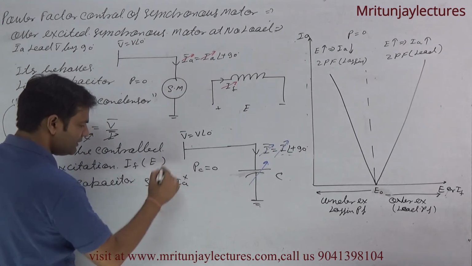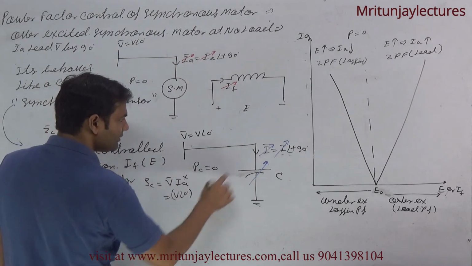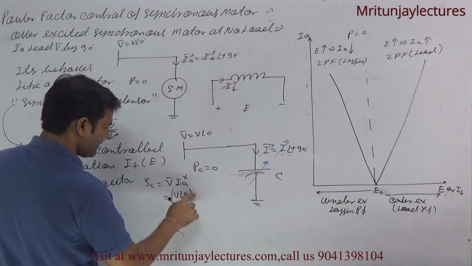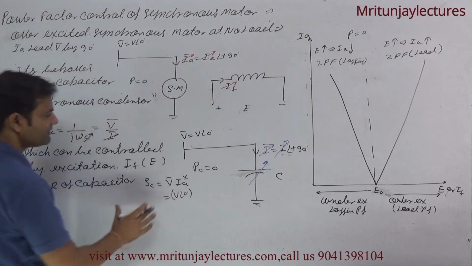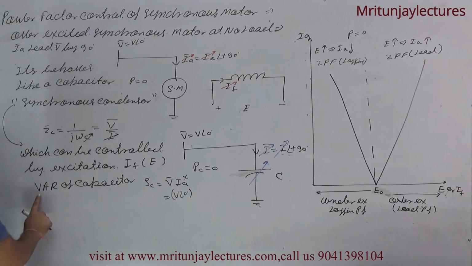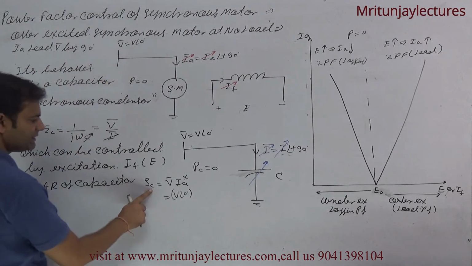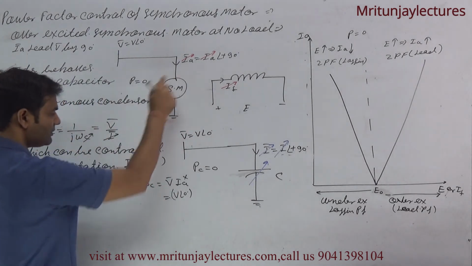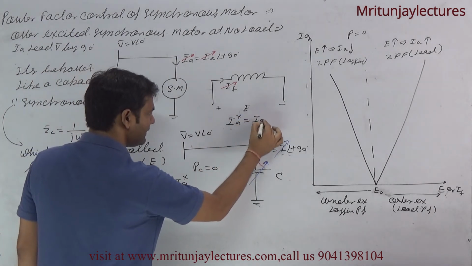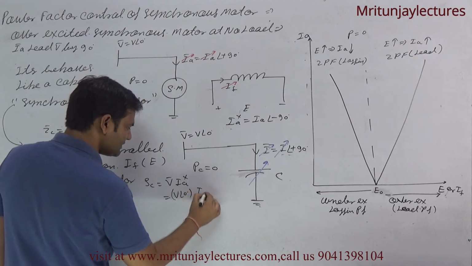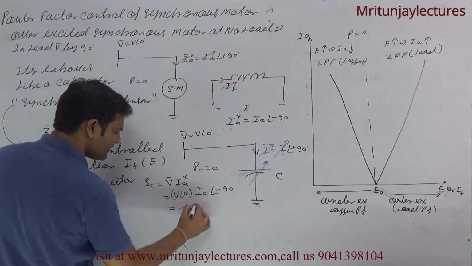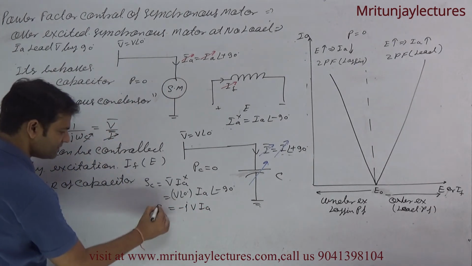So V at angle 0 and IA conjugate, since it behaves as a capacitor, means IA at the angle minus 90 degrees. We get minus j V into IA. Clear? QC will equal this.